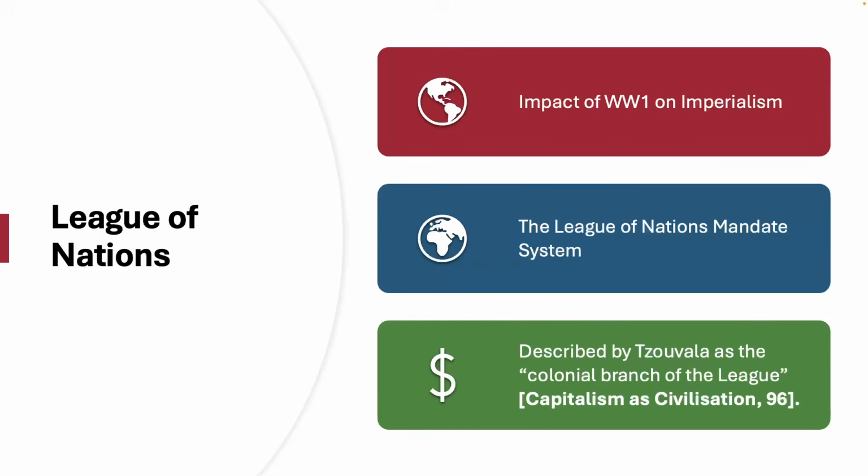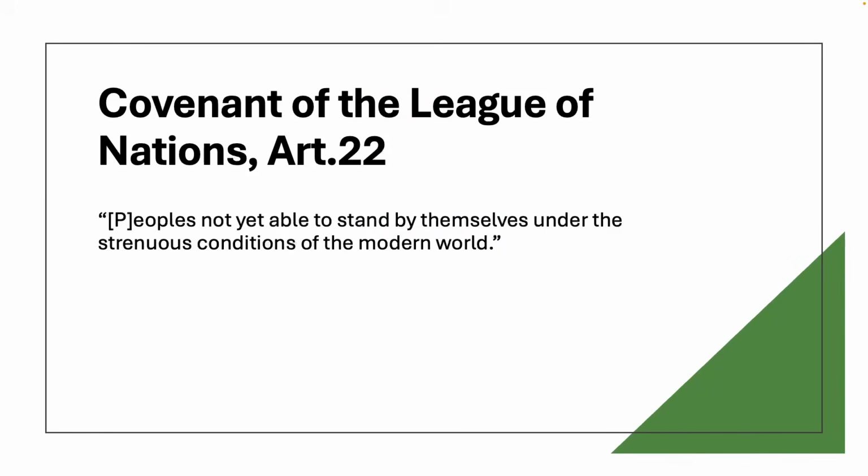It was established under Article 22 of the Covenant of the League of Nations, and it suggested that peoples living under colonial domination of the collapsed imperial structures were considered, quote, peoples not yet able to stand by themselves under the strenuous conditions of the modern world.